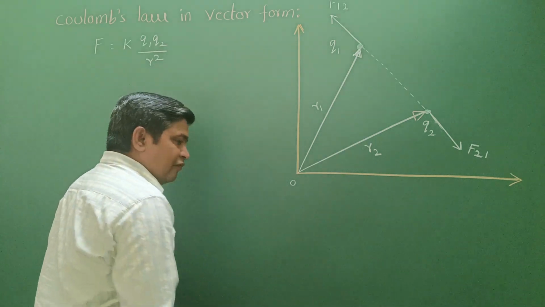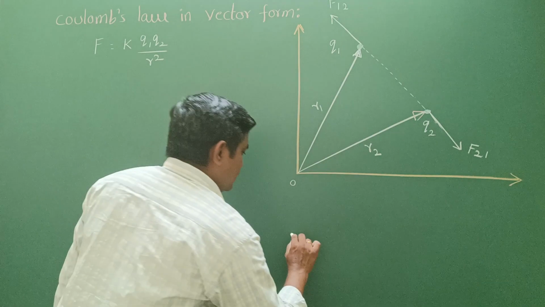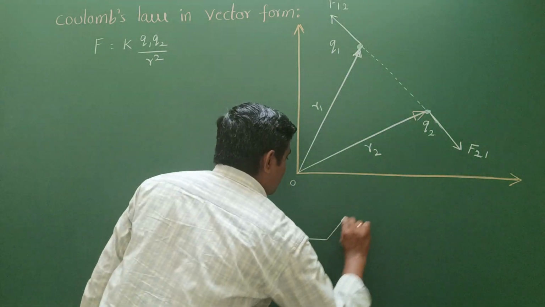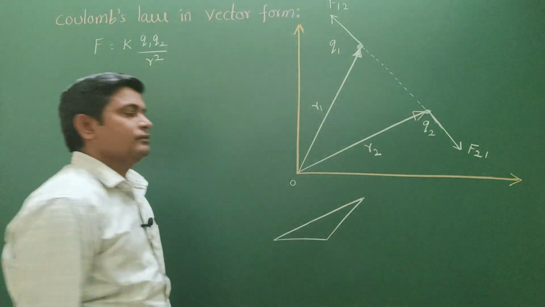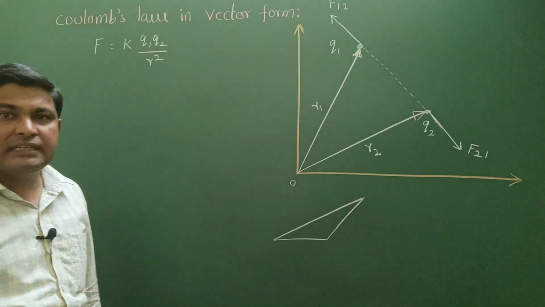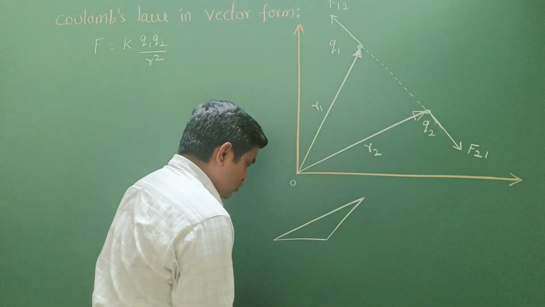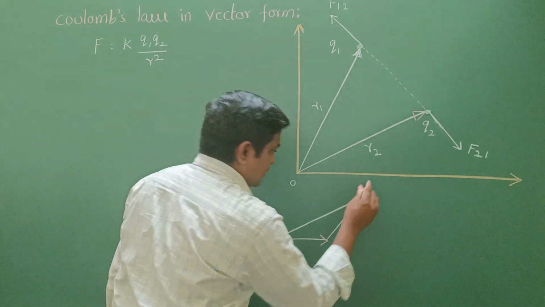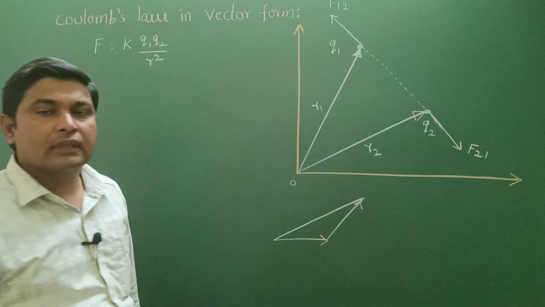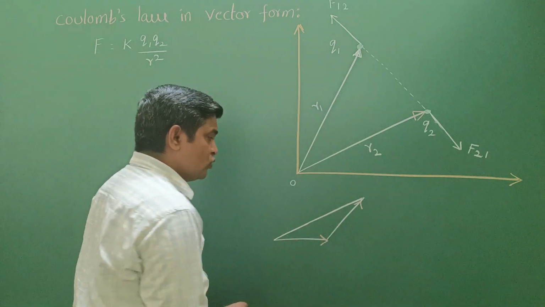So the triangle law of vectors says that if three sides of a triangle are representing vectors, and two sides are continuous, going from here to here and from here to here, then what is the resultant of these two vectors?